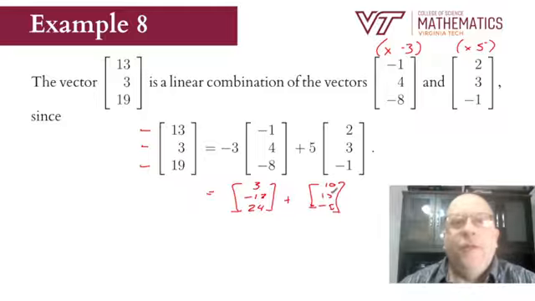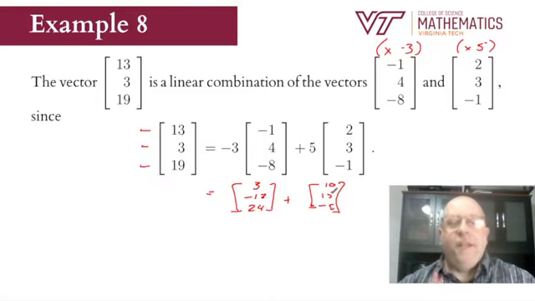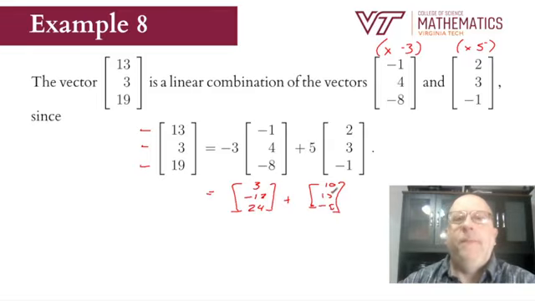And so 13, 3, 19 is a linear combination of these vectors, because we can build it by taking multiples of these other two vectors and combining them together that way.